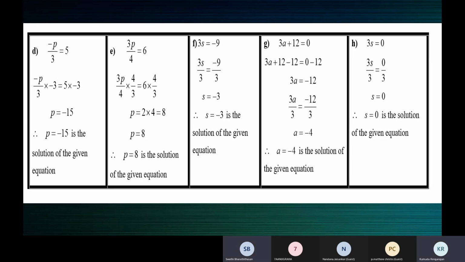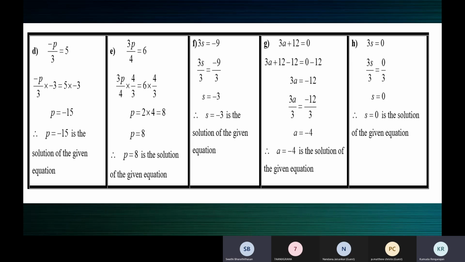Done, ma'am. Yeah, what do you have now after multiplying by 3 on both the sides? Ma'am, we have positive 15, ma'am. No, tell me the equation. Ma'am, it is negative p by 3 into 3. It is the LHS, ma'am, and 5 into 3 is the RHS, ma'am. Okay, so after cancelling, what do you have? After simplifying, what do you have?